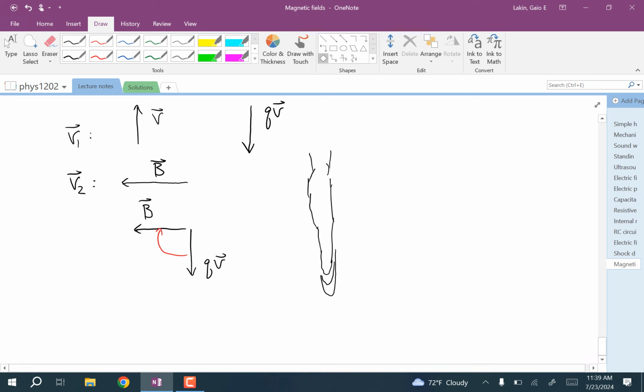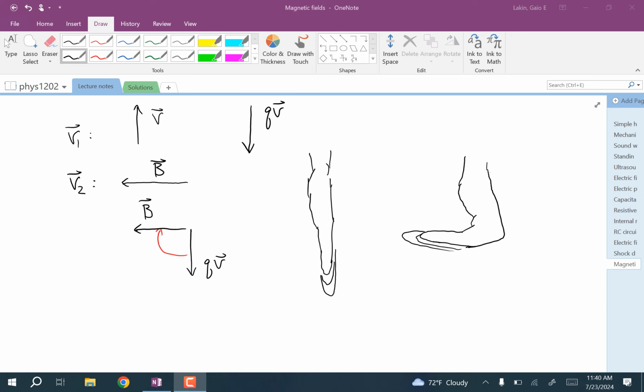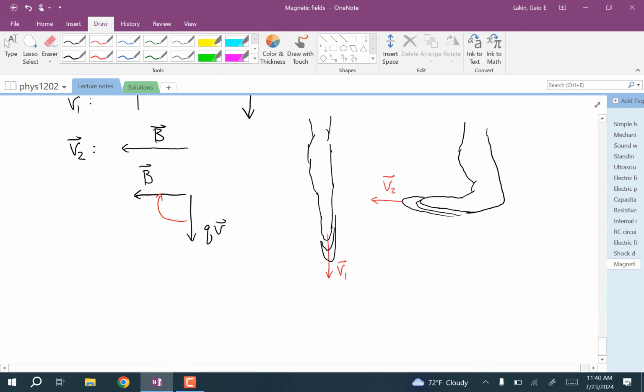And then rotate the hand like this. So we have our first vector this way, our second vector this way. In order to put your hand in that position, your thumb would be pointing straight into the page.